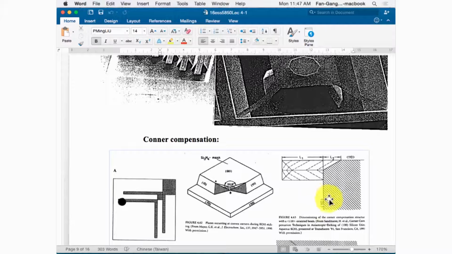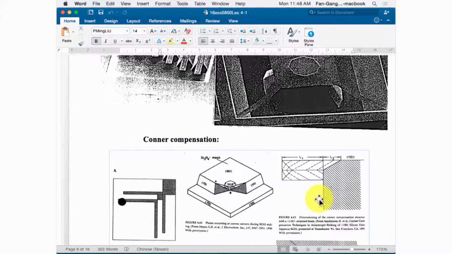Okay? So for example, you want to etch down 100 micron to have a 100 micron mesa. So you need to consider how to protect this corner for the 100 micron etching time. For example, if there is a 100 direction here, and we have a 100 direction here as well, etching from there as well, we need the half width to be the same as the depth you want to go.